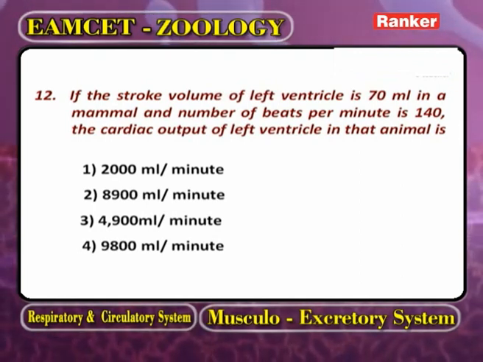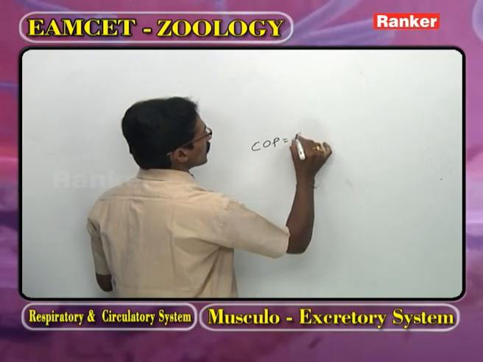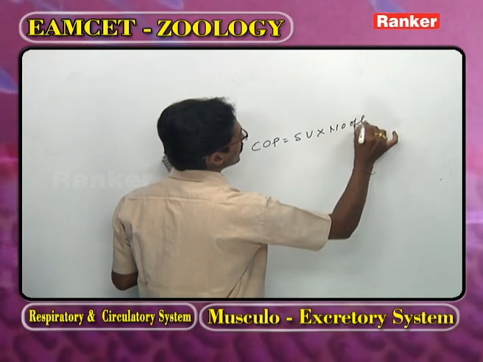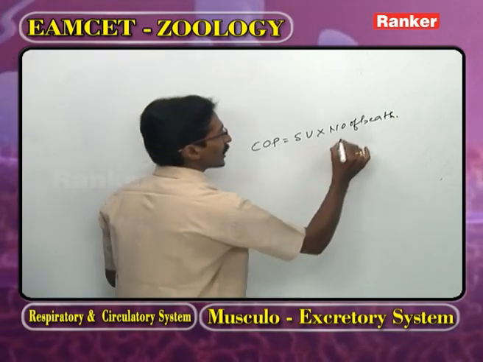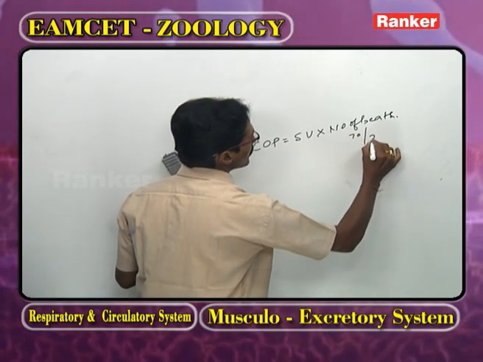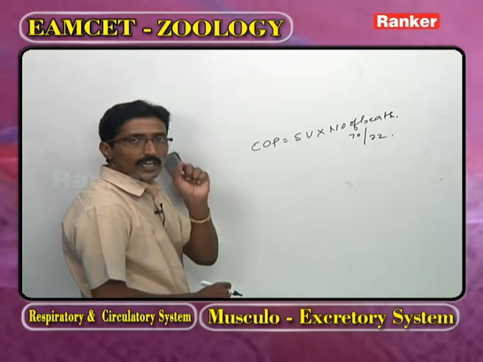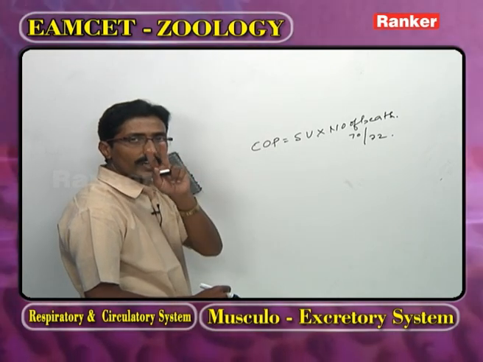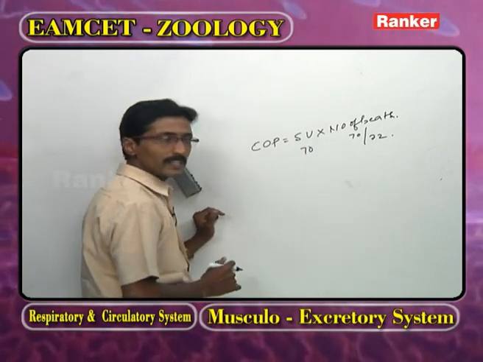Now as we observe the working of heart, this is the cardiac output, CO. Cardiac output is equal to stroke volume into the number of beats. Generally per minute number of beats is 70 or 72. Now what is the stroke volume? The amount of blood pumped by ventricle. Number of ventricles 2. Each ventricle pumps how much amount of blood? 70 ml.